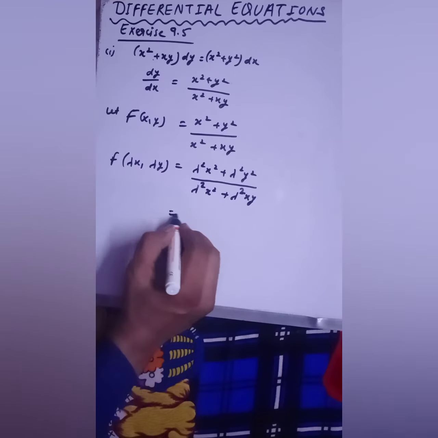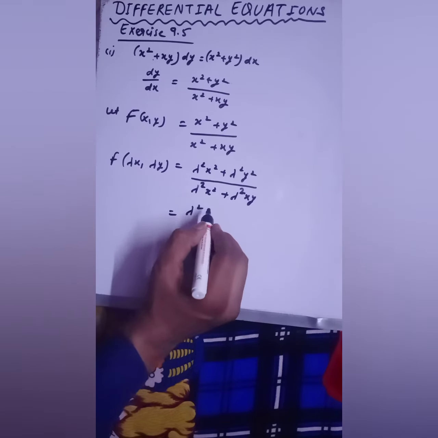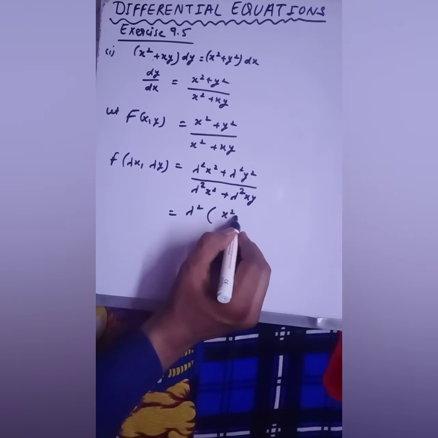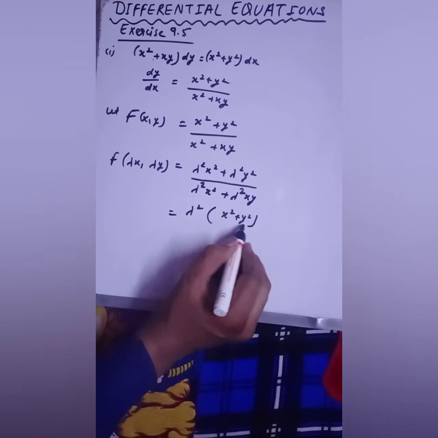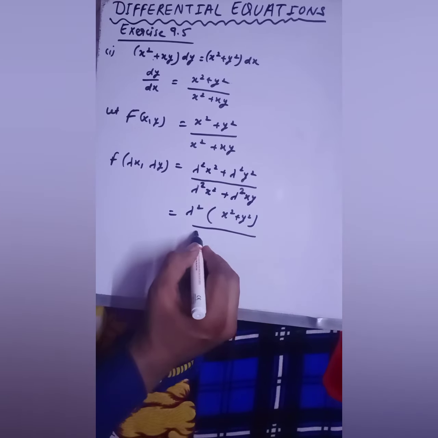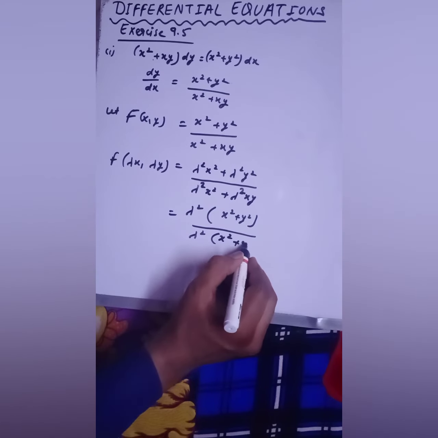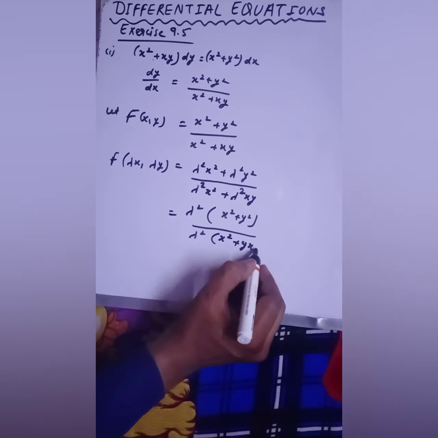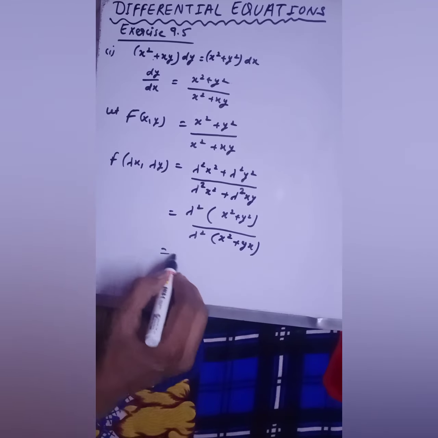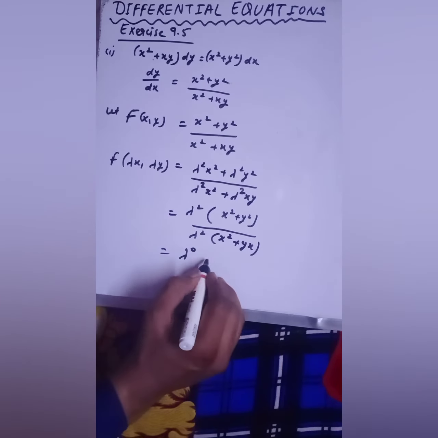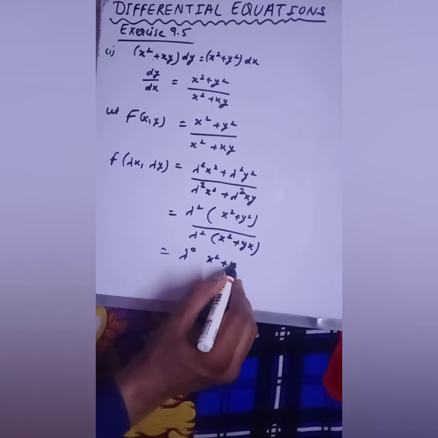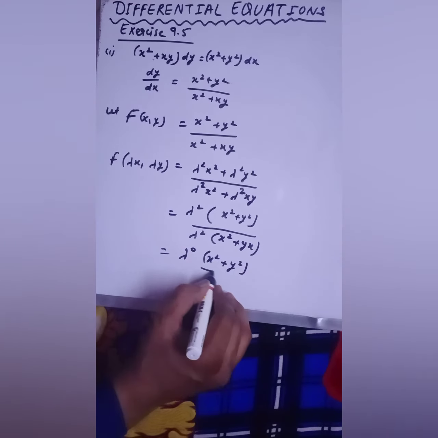Now you can take lambda square as common, and you will get x square plus y square, and similarly from the denominator you can take lambda square as common. So this would be lambda to the power 0 into (x square plus y square) over the rest.